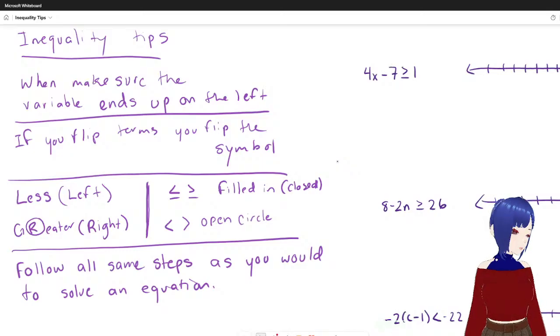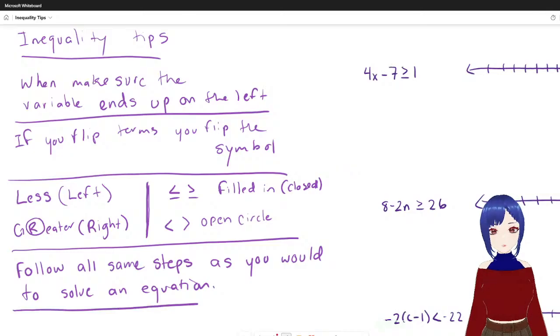And if it helps, something you can do if you're really stuck, and like I said at the beginning, if you did well in solving equations, it might help to write your inequality as an equation and try and solve it that way, and then put your inequality back in, or do the steps side by side.